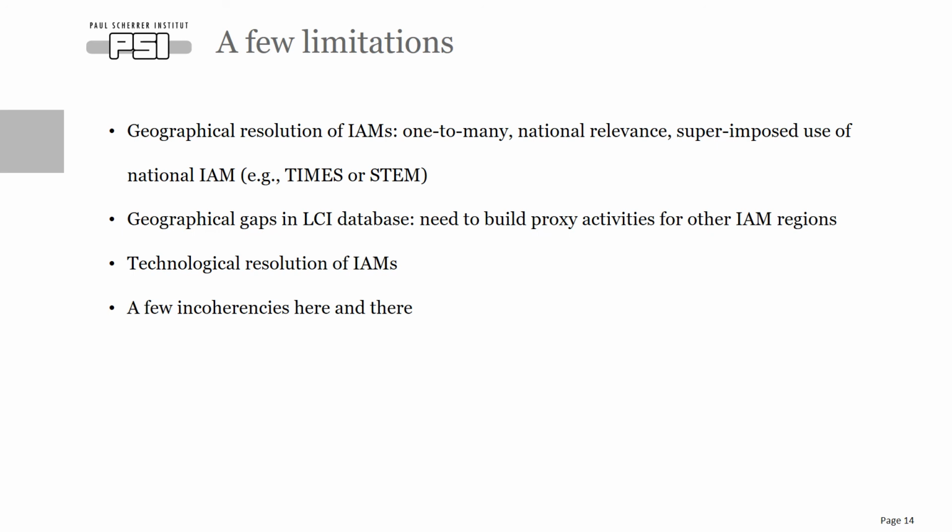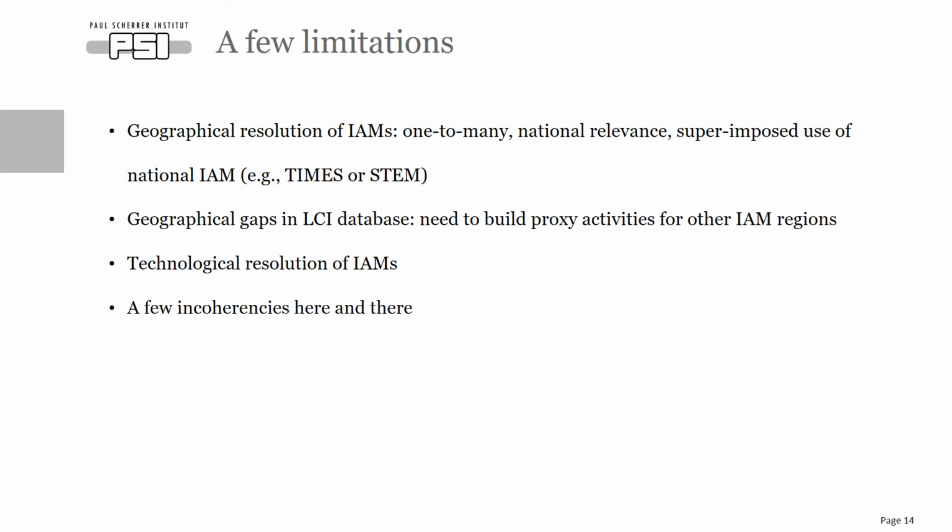Then, of course, there is the issue of the technological resolution in these integrated assessment models. One that comes to mind would be steel production. Steel production is probably as specific as it goes when it comes to IAMs, but of course, we know that there are very many categories or subcategories of steel.